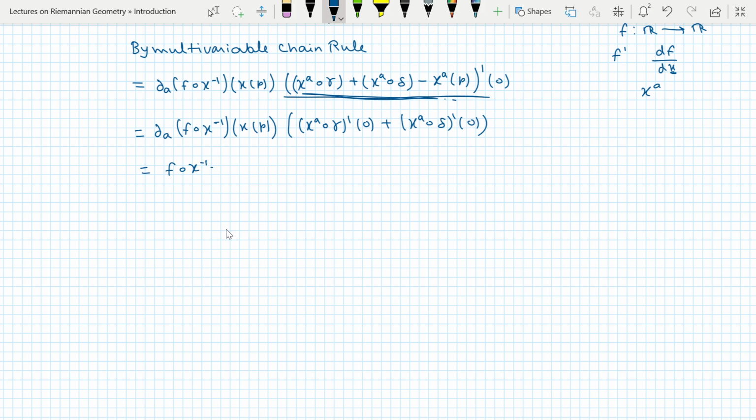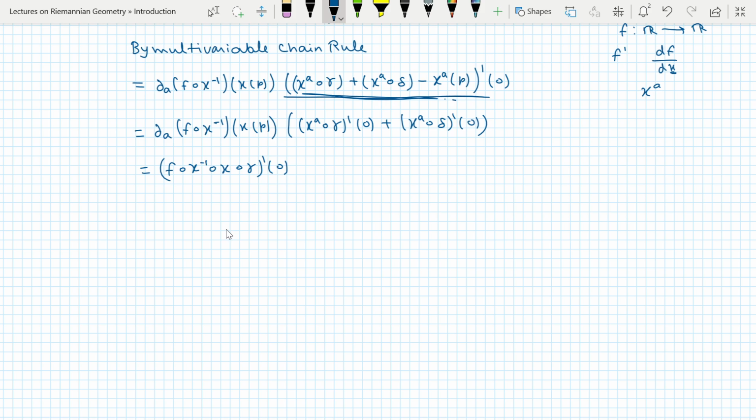You can write it as f composed with x inverse composed with x composed with gamma, derivative of this evaluated at the point 0. This is how you can write it.